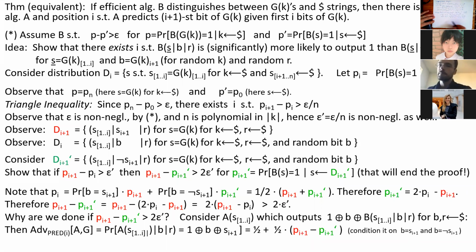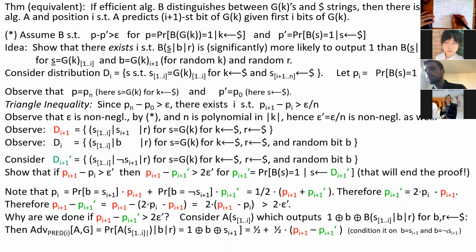Why? Because this is 1/2, and this, by the way, is also 1/2, because the bit is random.